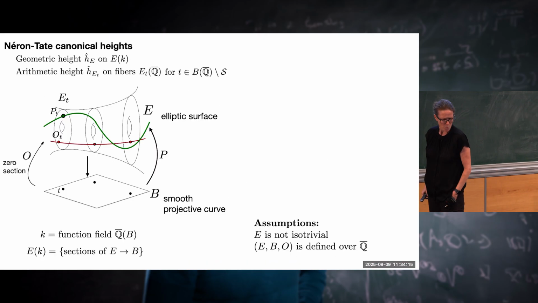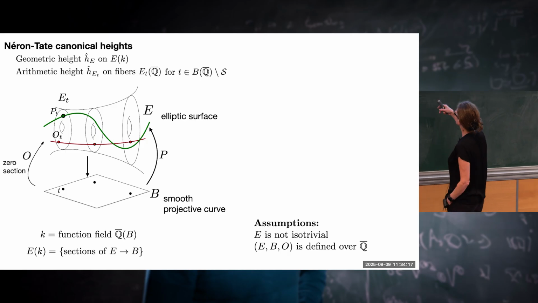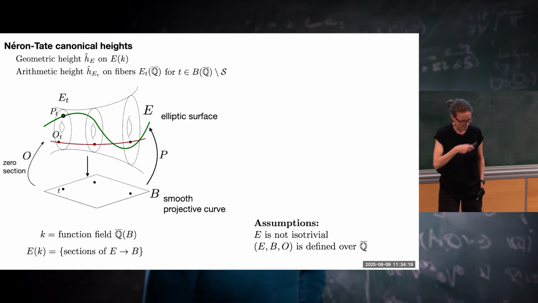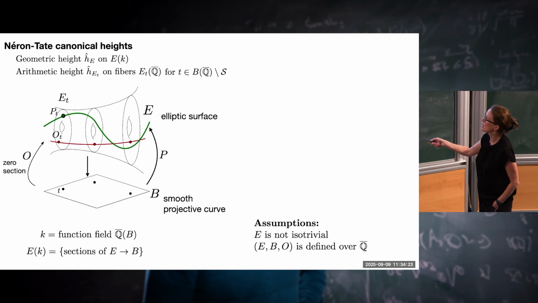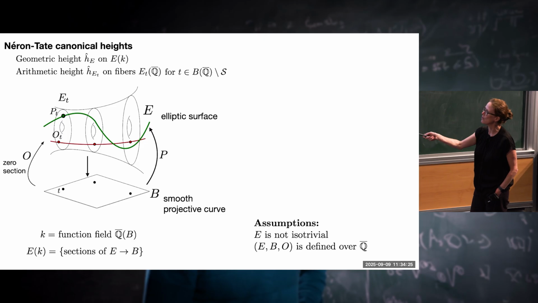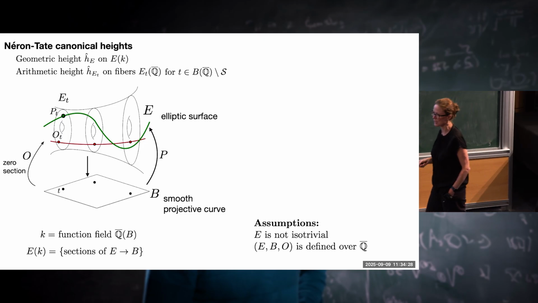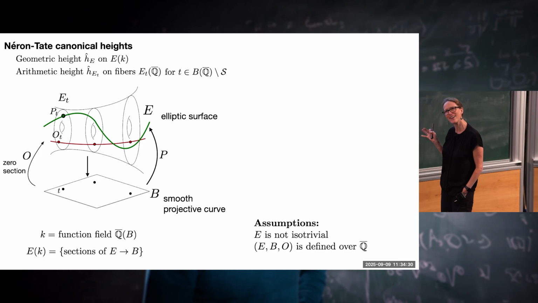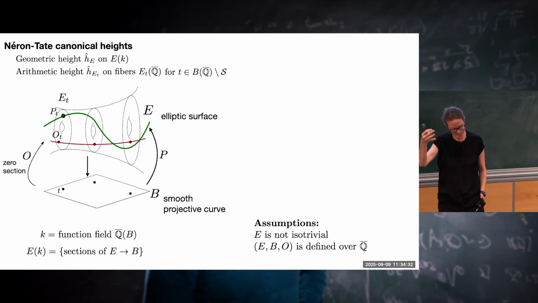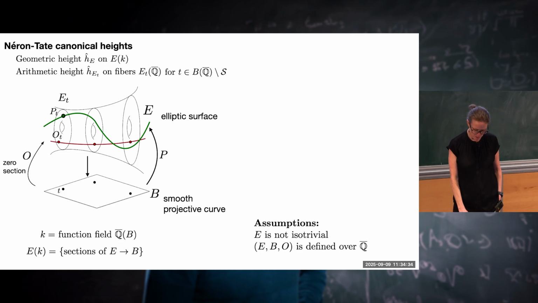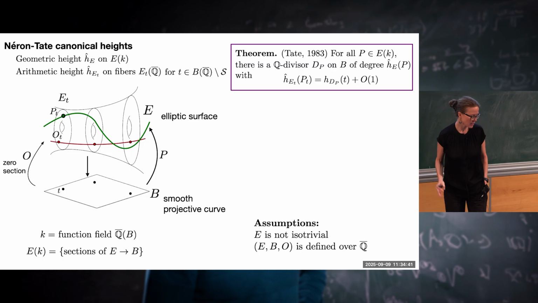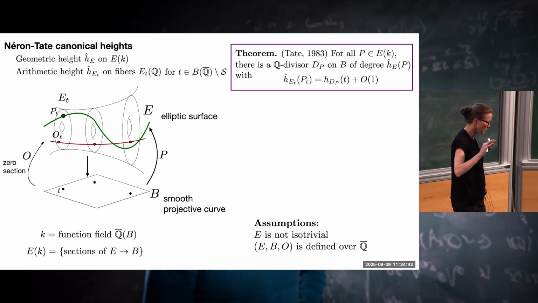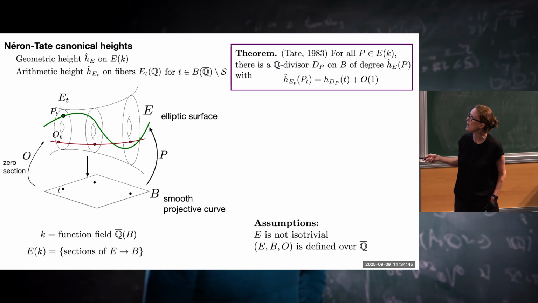Okay. All right. So going back to this setting, as I said, I have this elliptic surface defined over a number field, and I said that the rational points, the geometric rational points, correspond to sections. Now, the project that we were working on begins with the following observation due to Tate, which was a connection between these two different heights.